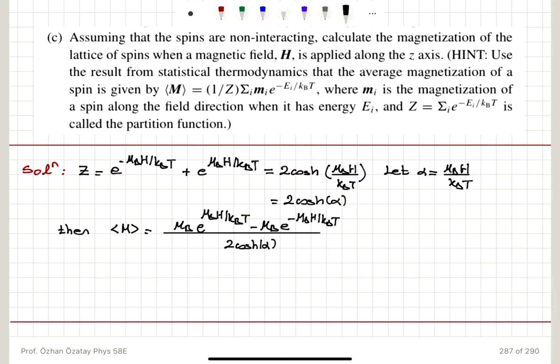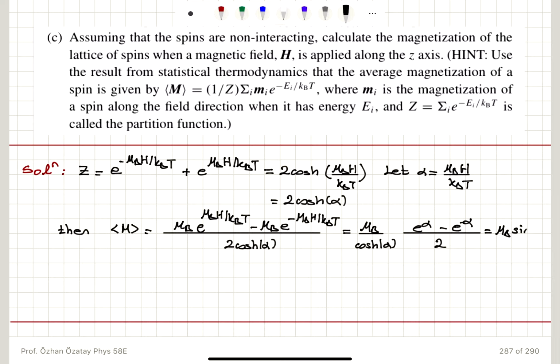So if I take μ_B, the Bohr magneton, into parentheses, divided by cosh alpha, now I have e to the alpha minus e to the minus alpha over 2. So what is e to the alpha minus e to the minus alpha over 2? That is sinh alpha.